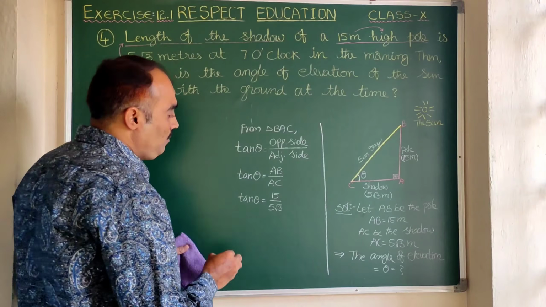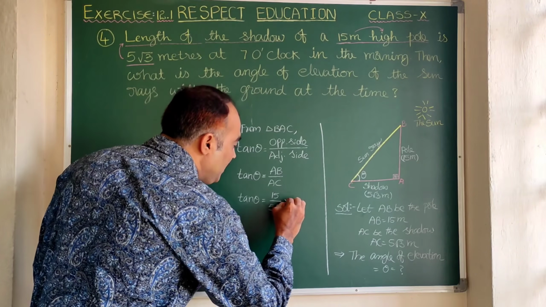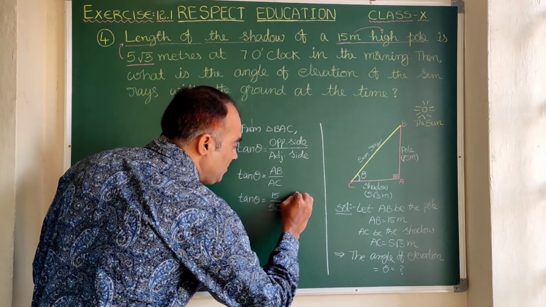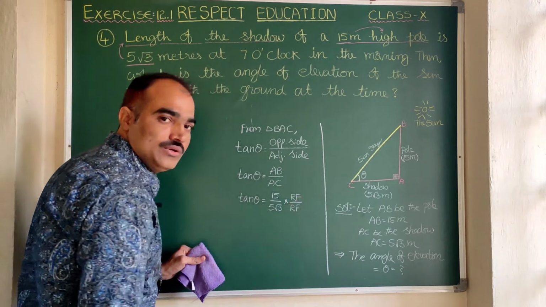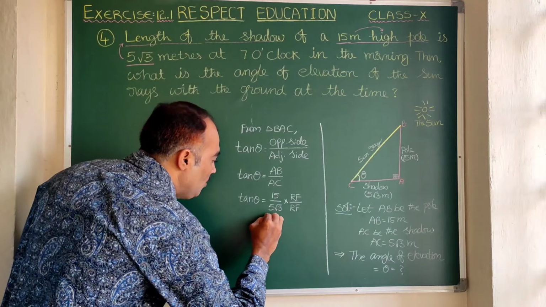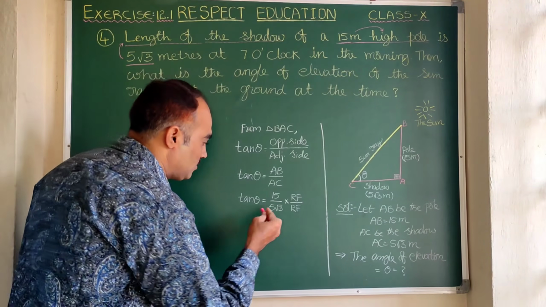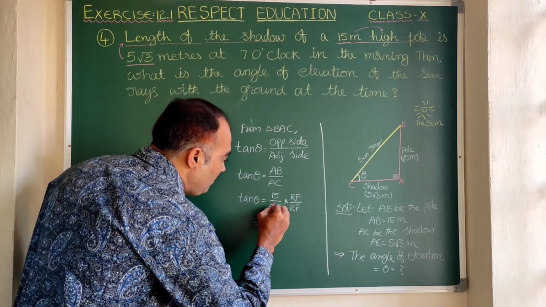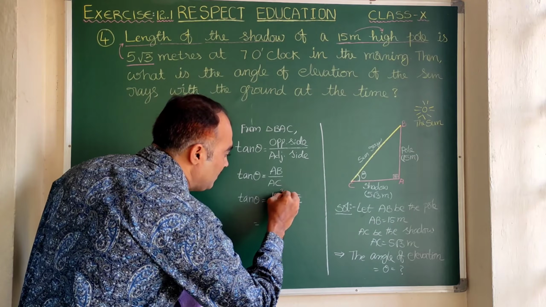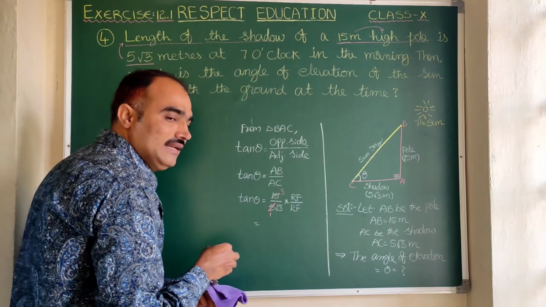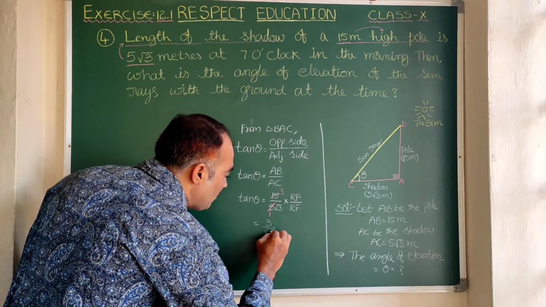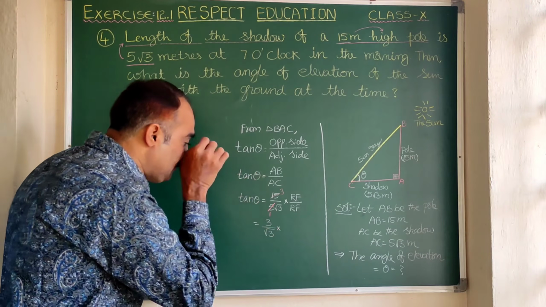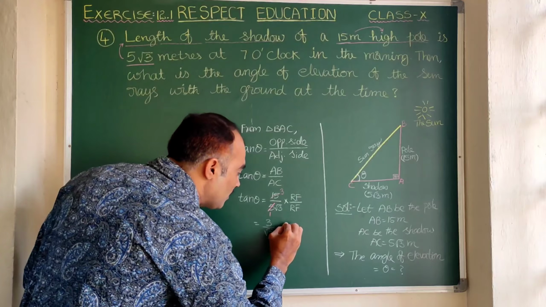Clear? Now here we can multiply by RF by RF, rationalizing factor of root 3 by rationalizing factor of root 3. Here as you know, we can do cancellation also. 5 1s are 5 and 5 3s are 15. So here we get 3 in the numerator and in the denominator we have root 3. Rationalizing factor of root 3 is root 3 only.